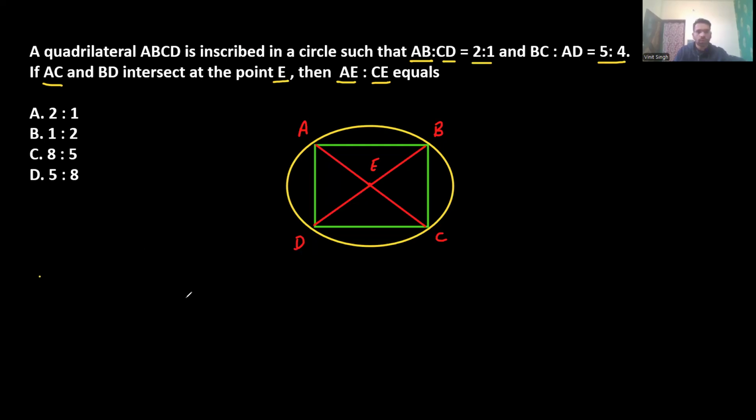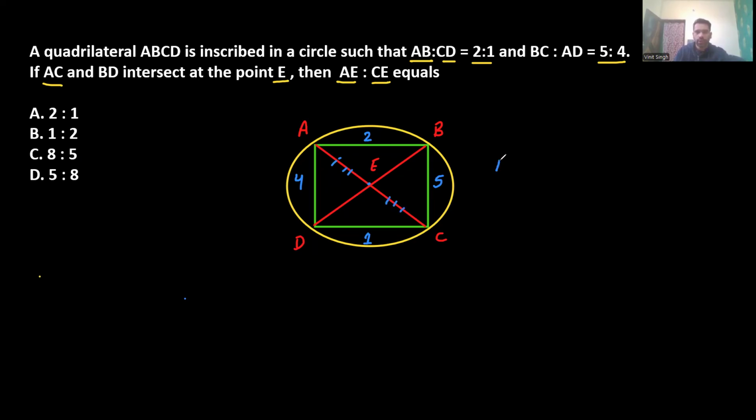AB and CD, AB is 2, CD is 1, BC is 5, and AD is 4. And we have to find the ratio of AE and CE.